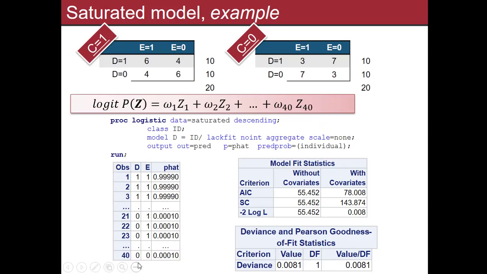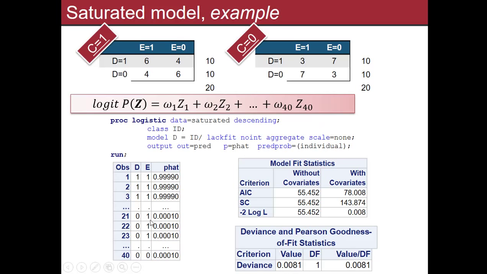Here's our data set. It predicts probabilities that are essentially 1 and 0. Okay, this is our saturated model. It's not exactly 1 and exactly 0, but it's basically 1 and 0. Okay, and what is it doing? It says p hat. I'm using the output statement from the model to generate these. It's predicting that the predicted probability of disease for person 1 is basically 1, and that matches their disease status.